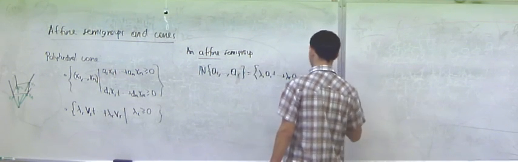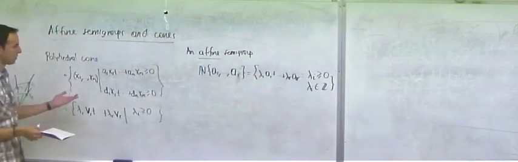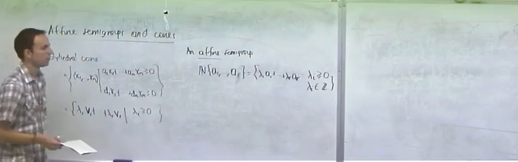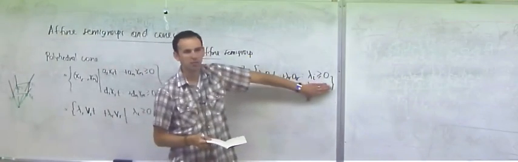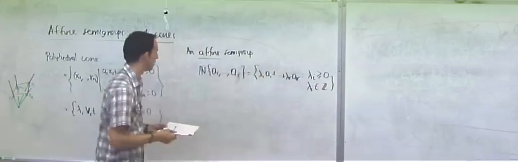But of course, if you have an affine semigroup, then there's a natural cone that you should consider, which is basically dropping the condition of being an integer in this combination and getting a cone.